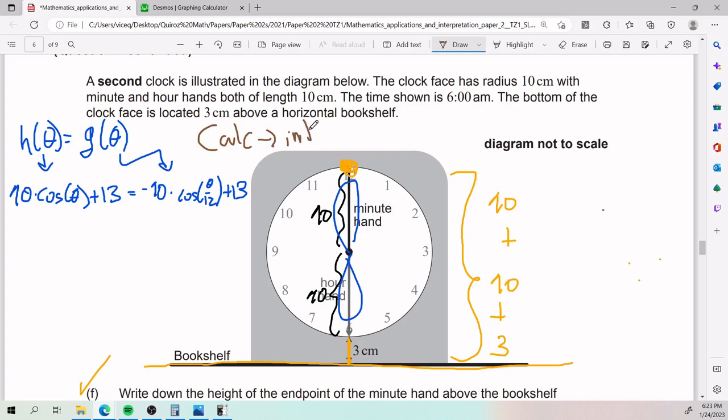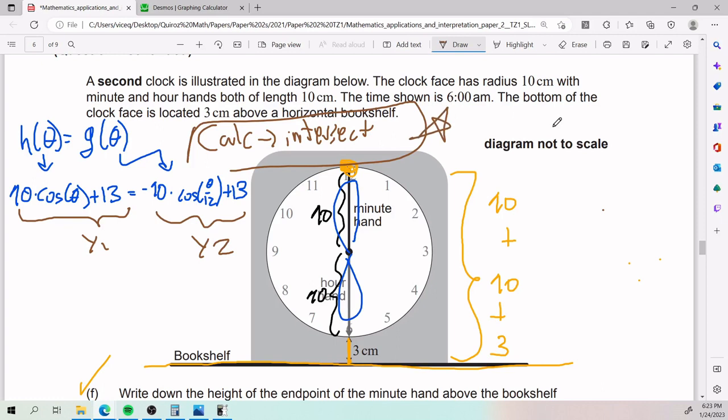I have a whole video that explains it in depth, but basically you're going to call all of this y1, you're going to call all of this y2, you're going to do calc intersect, and whatever that intersection is, is the value that makes this thing true, which is making them equal to each other, which is what you're trying to find. Whichever value of theta makes them equal to each other is what you're trying to find for this last part, part i.